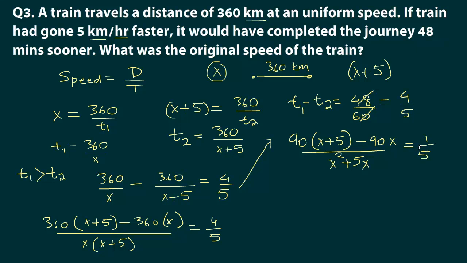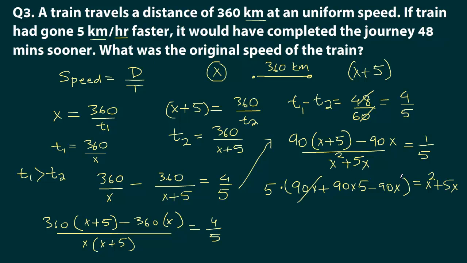All right, now we will cross multiply. If we first open this up, we will get 90x plus 90 times 5, which is 450, minus 90x. This entire thing times 5 is equal to x squared plus 5x.